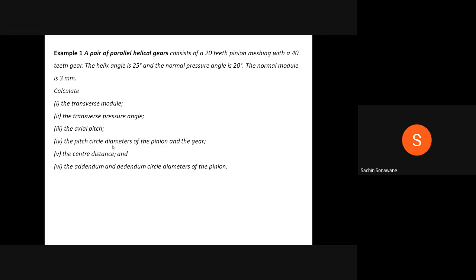Calculate first the transverse module m, the transverse pressure angle alpha, the axial pitch PA, the pitch circle diameters of the pinion and gear, that is dp and dg, the center distance, and the addendum and dedendum circle diameters of the pinion. Therefore, write down this problem, we will solve it.